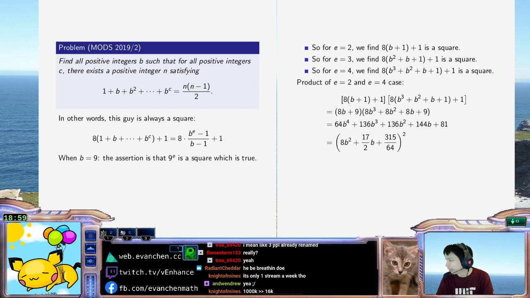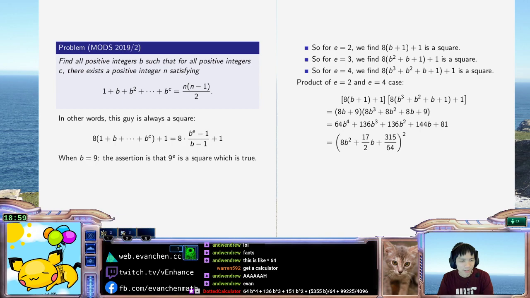Oh my god. Wait, why is this coefficient so bad? Okay, so 315 times 17 is equal to 5,355 over 128. 255, yeah, so 144 times 64 is 2,304.